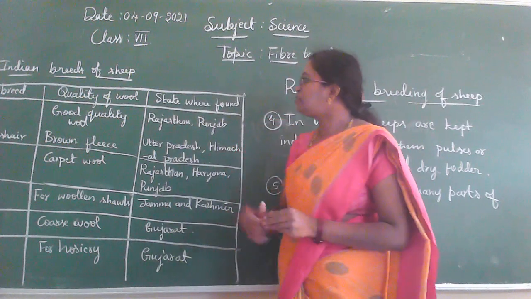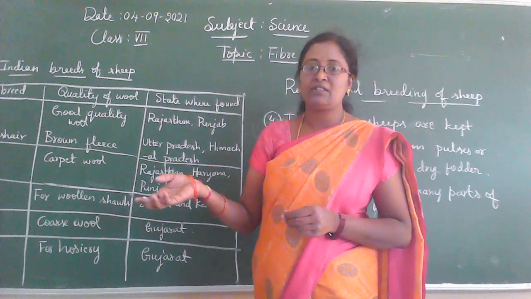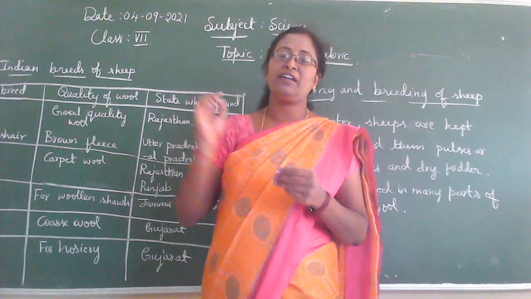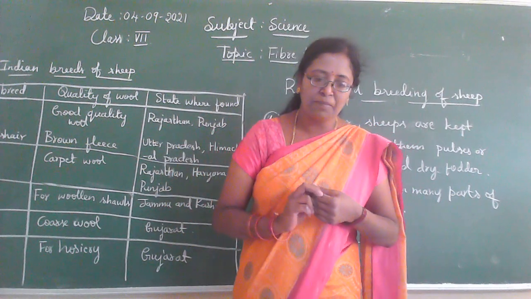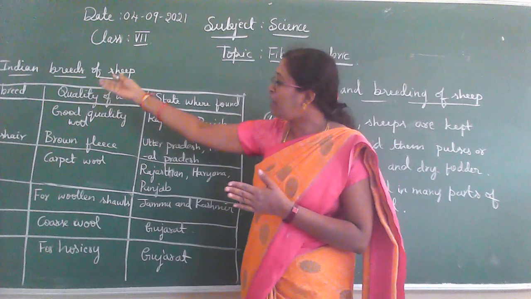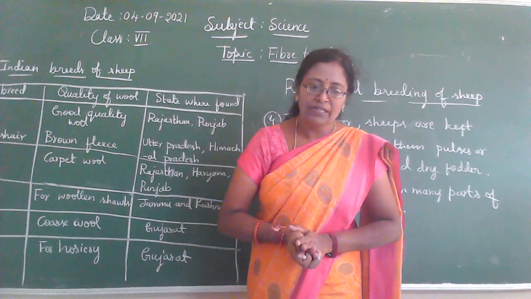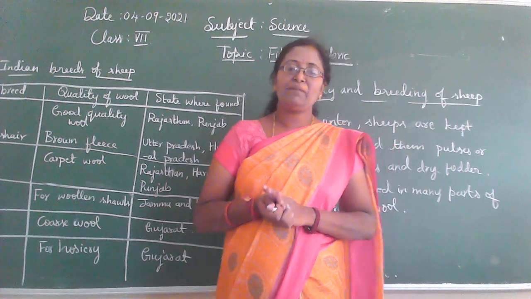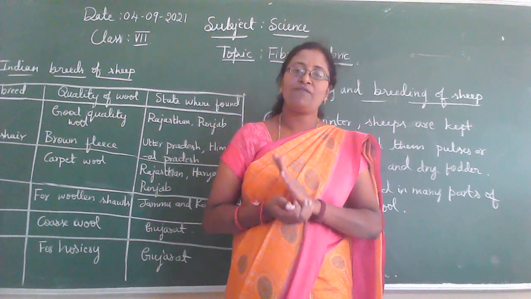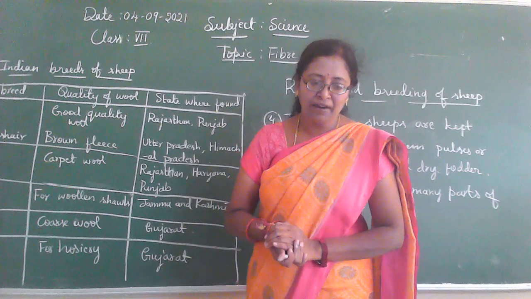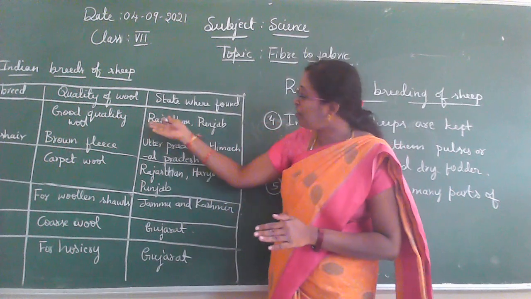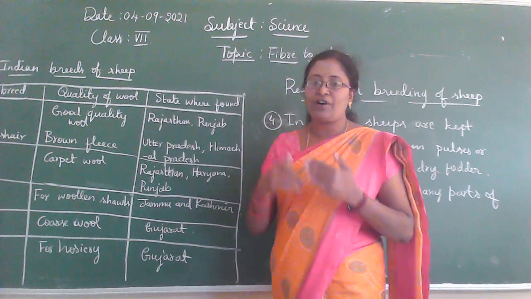Here is a table I have given. See this. What does this table indicate, children? This table gives the names of some breeds of sheep, and they are reared in different states of our country.